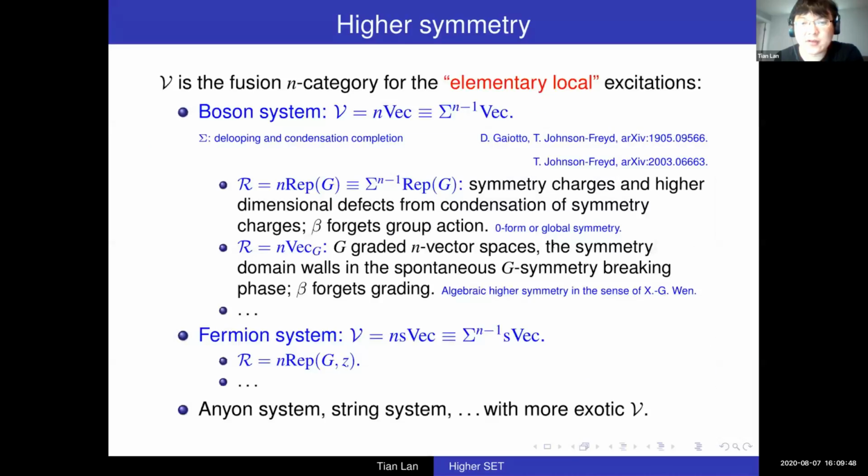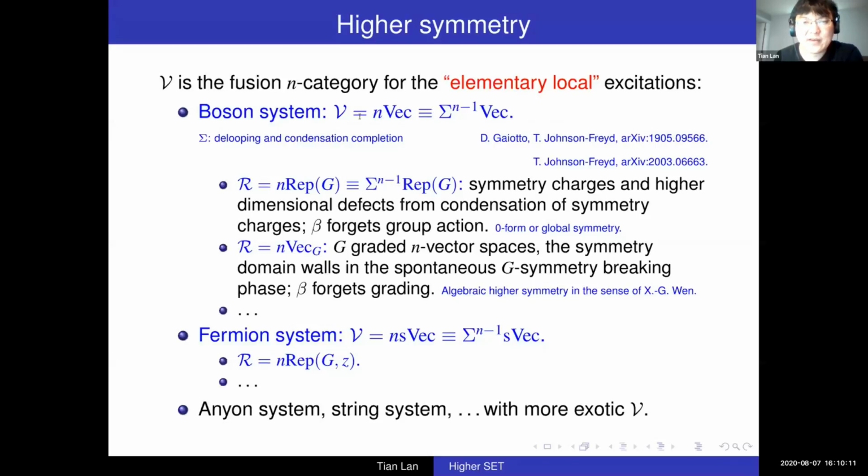Okay, so the examples. V, as I already mentioned, is the fusion n-category of elementary local excitations. The trivial example of V: you can take V to be the vector spaces, maybe iterated, defined by this looping and condensation completion.